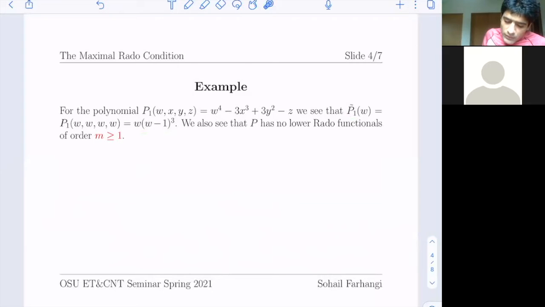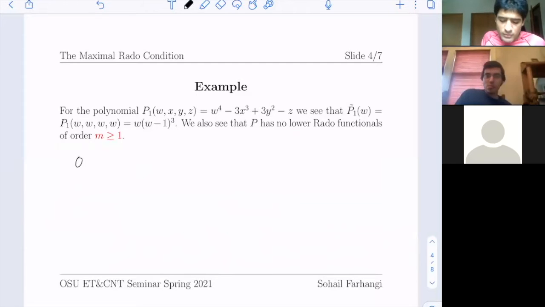Now, the claim is that P has no lower Rado functionals of order m bigger than or equal to 1. And I won't go through all of the details of this, since I did this in a fair bit of detail 2 weeks ago for upper Rado functionals, and the idea is pretty similar. But I'll just give some outline, and if people ask me to, I can go into more detail.